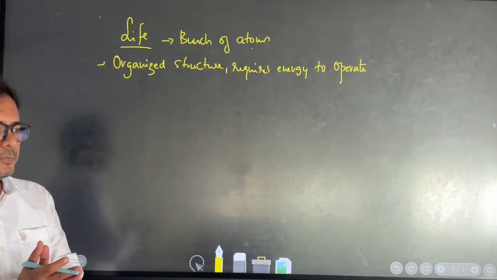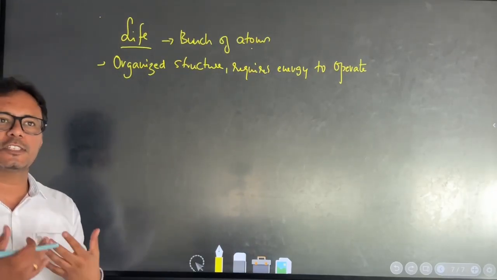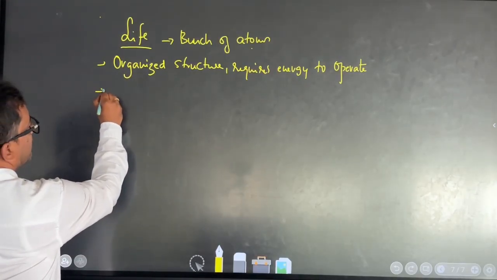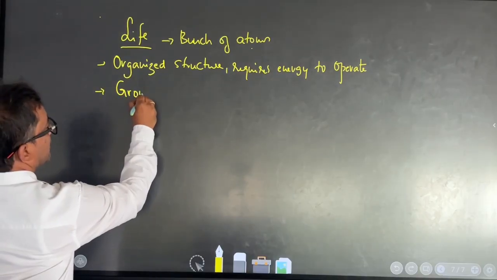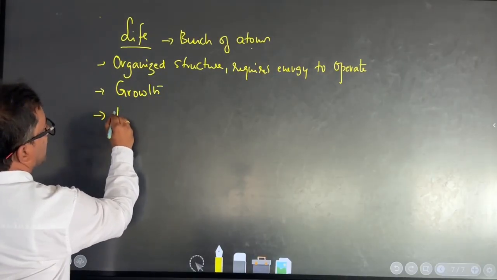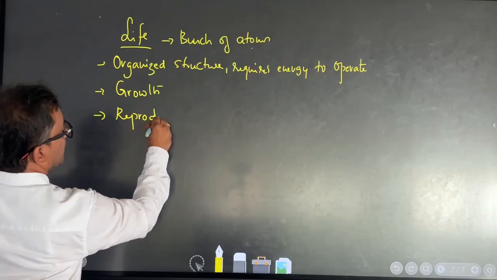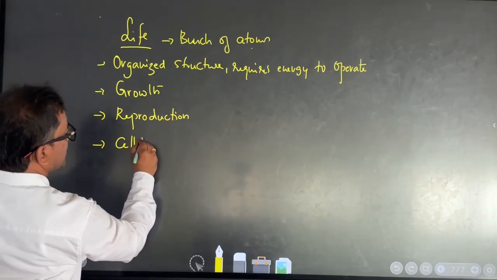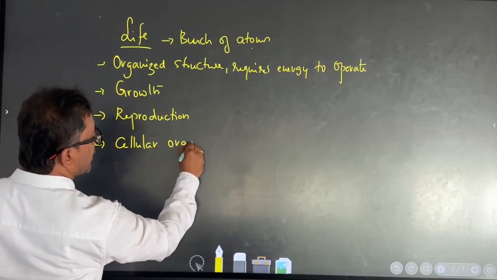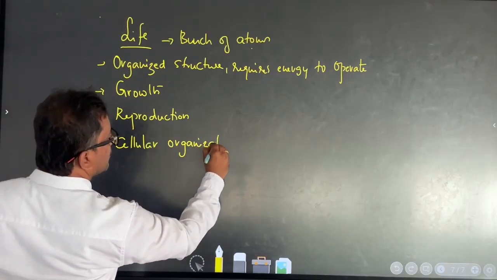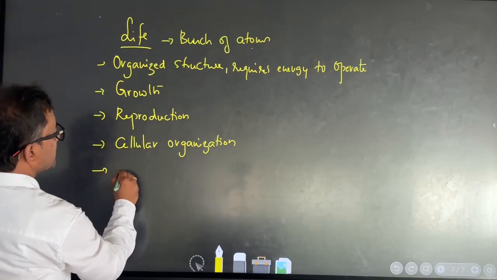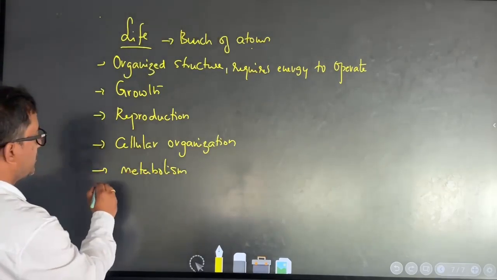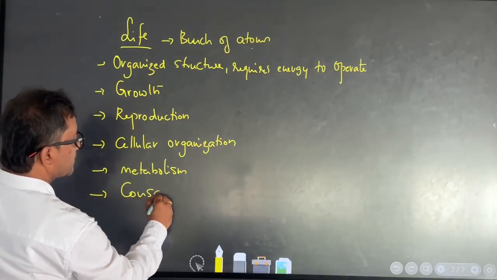And if you ask me what are the different characteristics of life, there are many. So basically, I would say the 5 major properties of life: growth, reproduction, then there is cellular organization, the metabolism, and last, the consciousness.